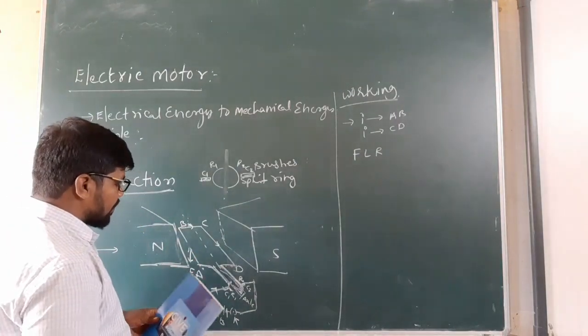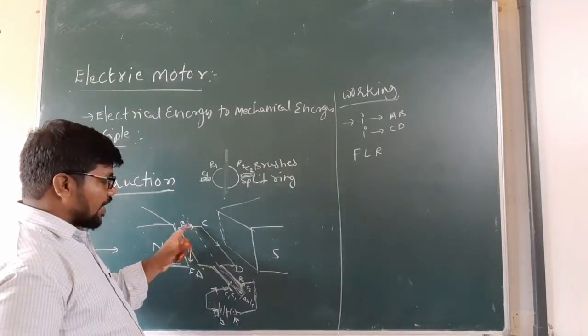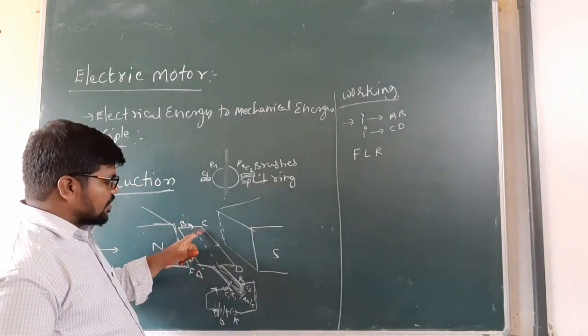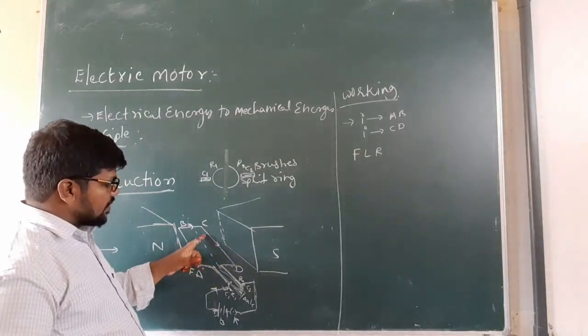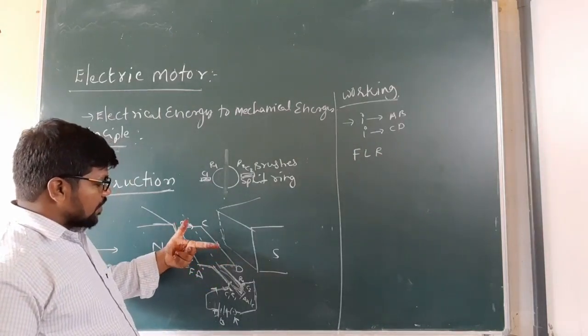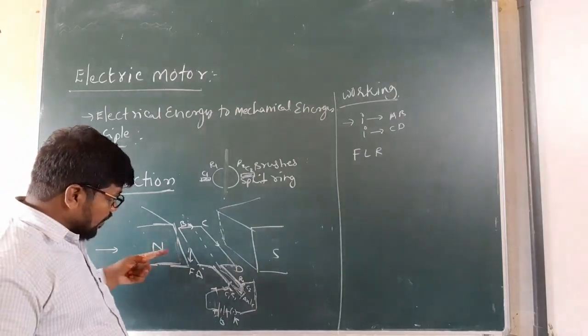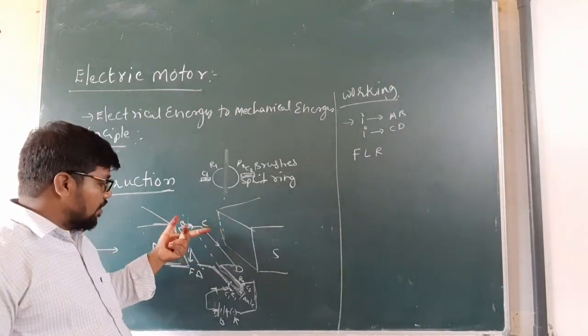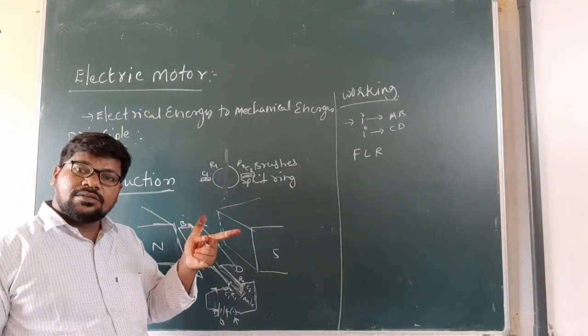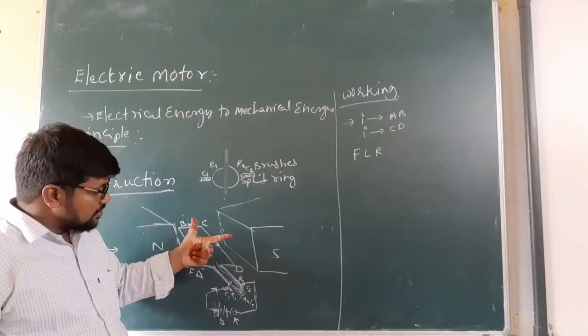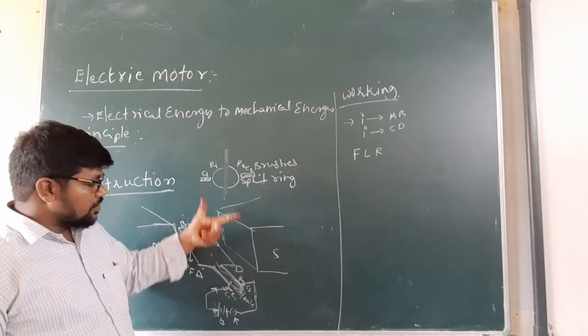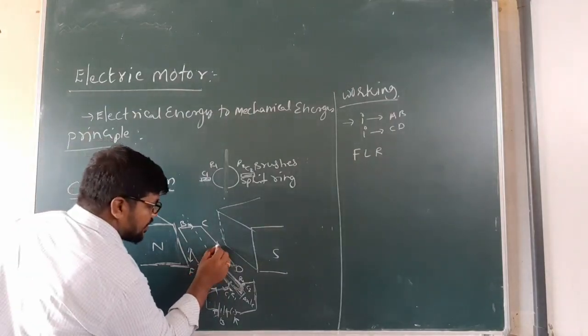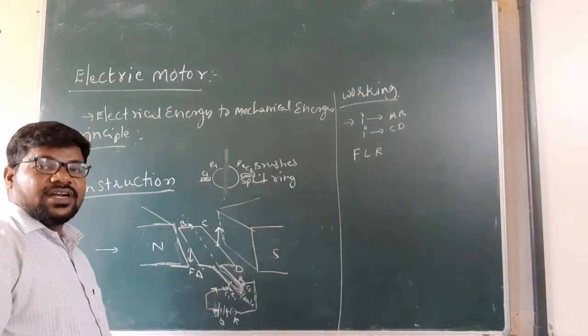At the same instant, current also passes through CD. The magnetic field is from north to south, the middle finger indicates the current direction, and the force acting on CD is in the upward direction.